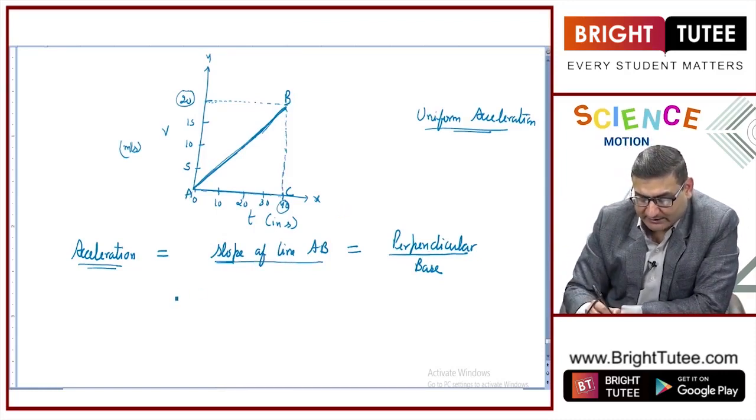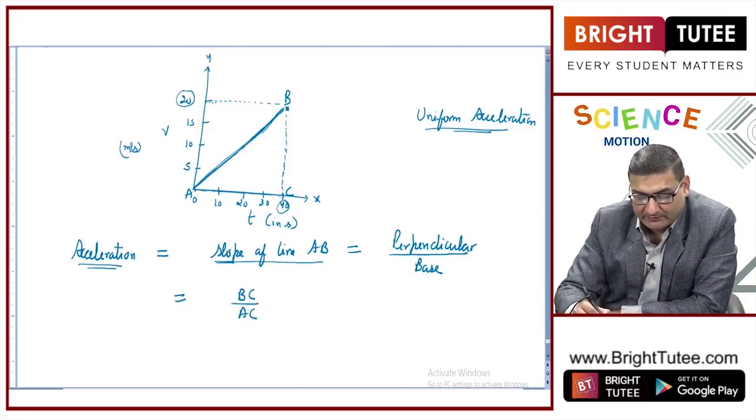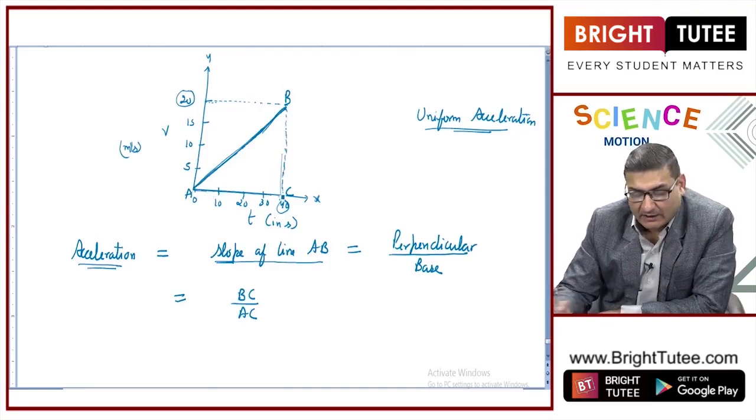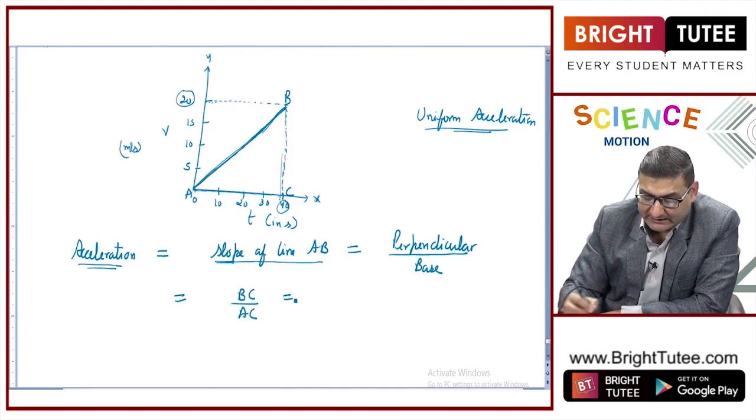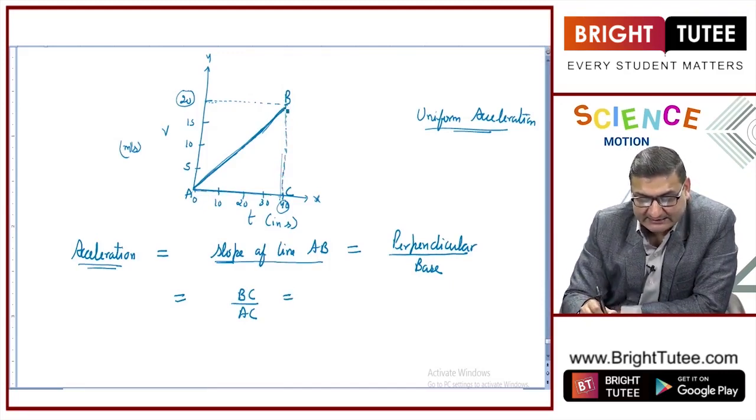So in this triangle ABC, if I want to calculate it, I will say that acceleration will be equal to BC upon AC, because the perpendicular is BC and the base is AC. Now if I want to calculate the BC part, I will see where exactly this B point corresponds. This corresponds to this particular 20 value.